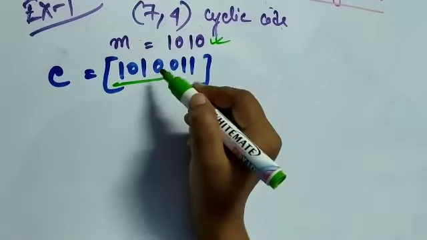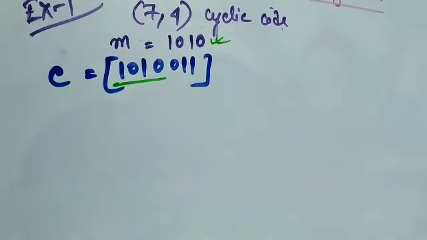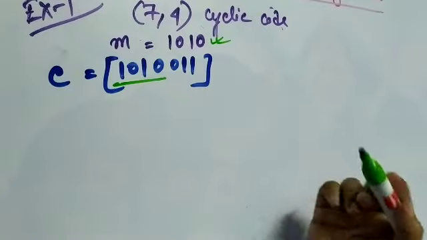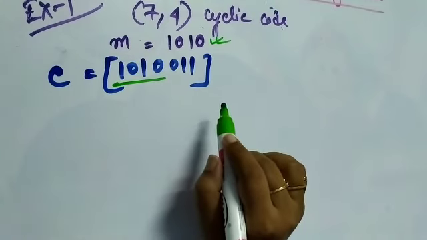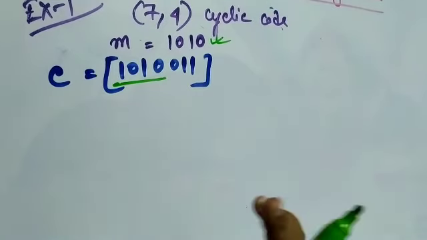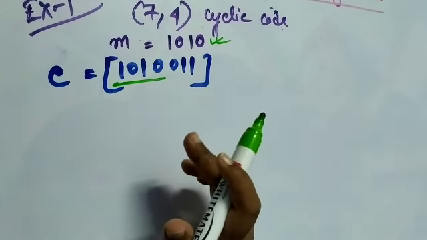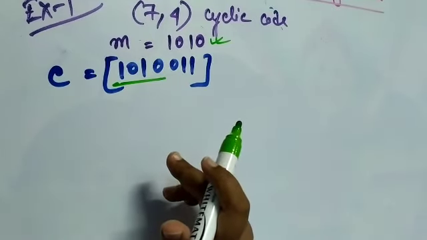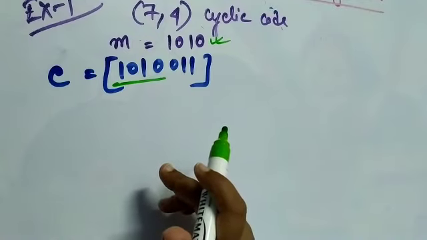So that means they are matched. If these two are not matched, that means your process is wrong. Your answer is wrong. So you have to check by yourself whether your answer is okay or not. Now according to the formula of systematic code word, again I am repeating, in a systematic code word, the message bits are placed first and then parity bits are placed.